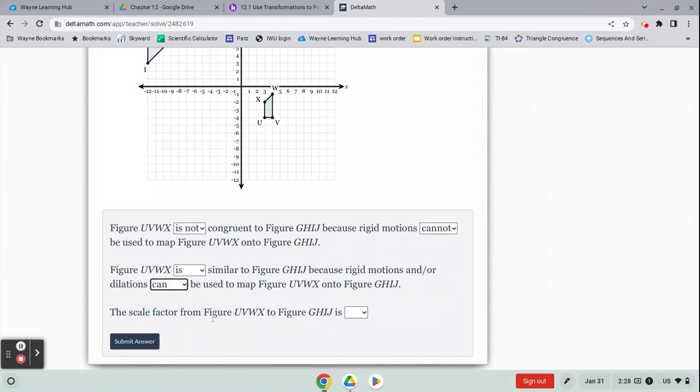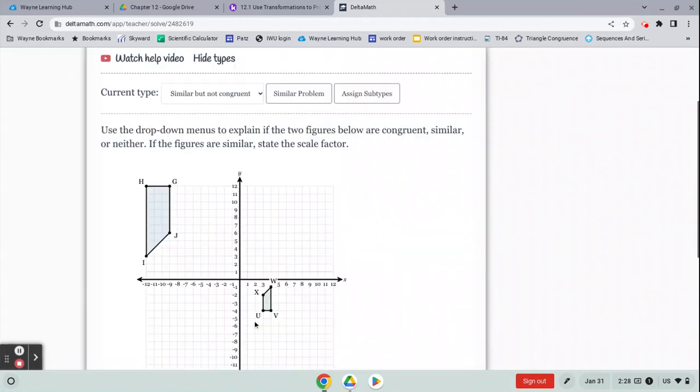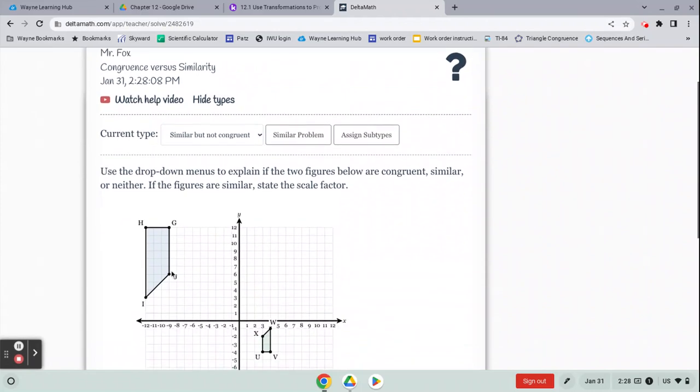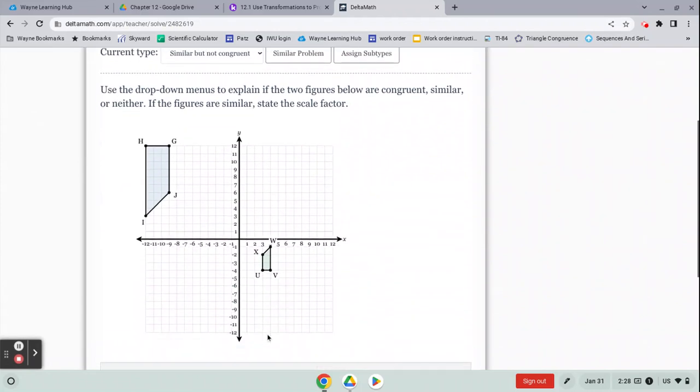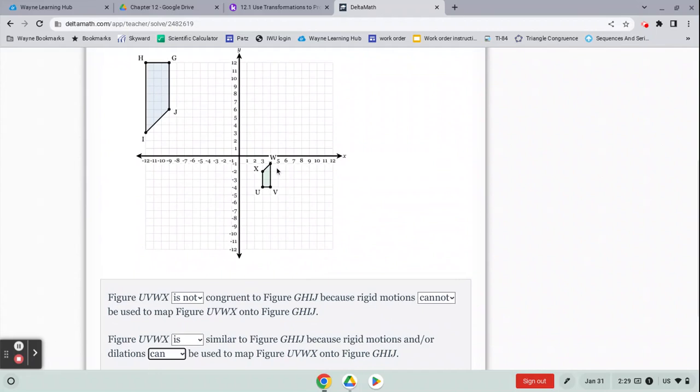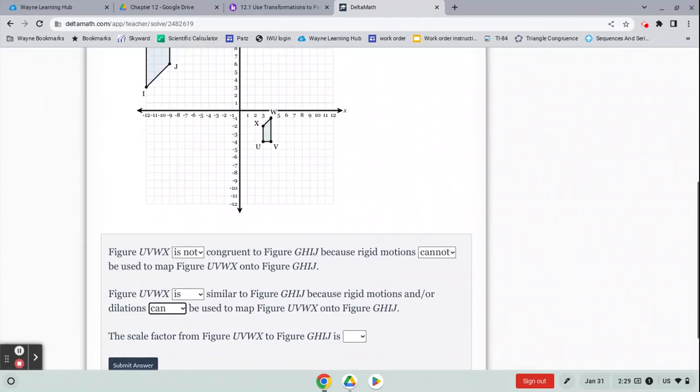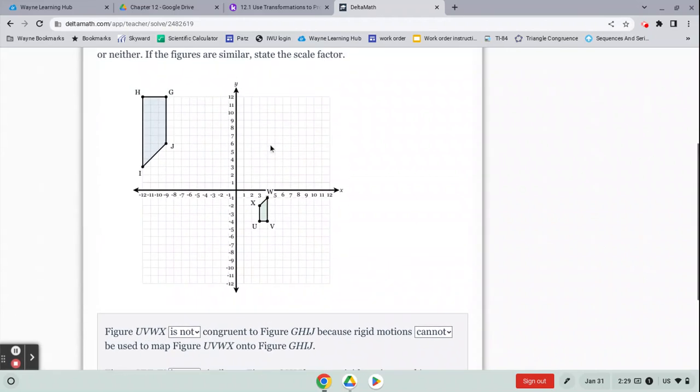Now it says the scale factor from UVWX to GHIJ. So I did it the opposite of how they did it. It starts here, from UVWX. This one, UV, was a length of 1, and it's going to be 3 times as big.